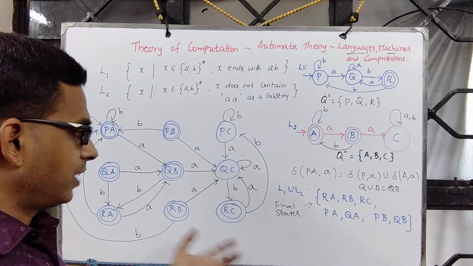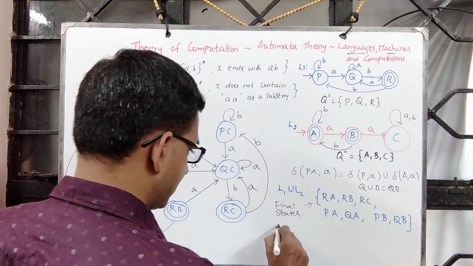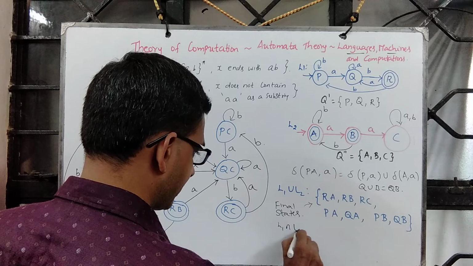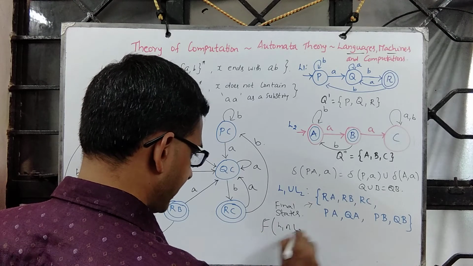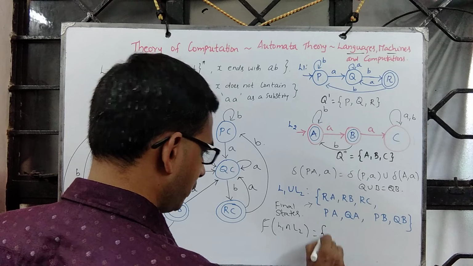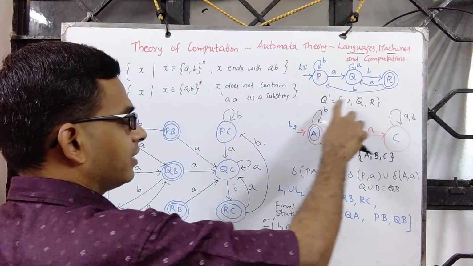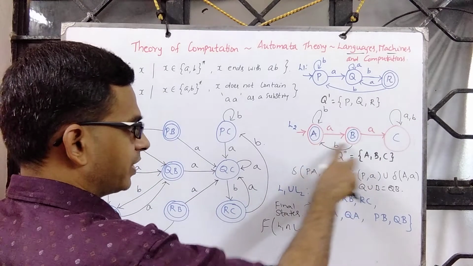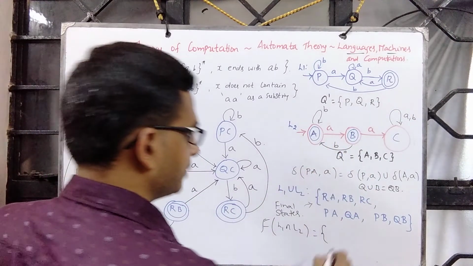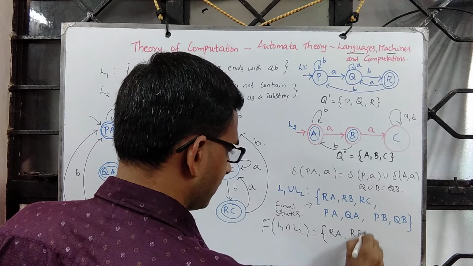And there are a couple of other things one can derive. For example, if it is L1 intersection L2, the set of final states of L1 intersection L2 is precisely what? When I simulate, I should stop here as well as in one of these, correct? So which means it is RA or RB.